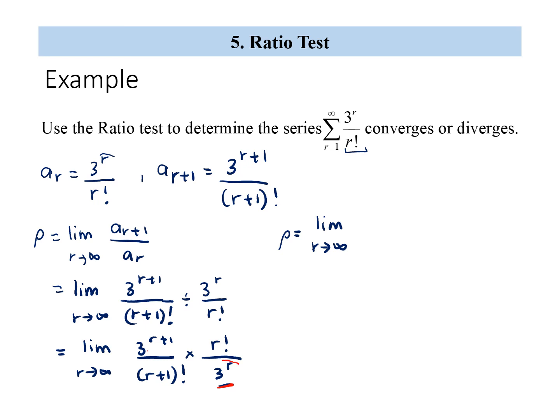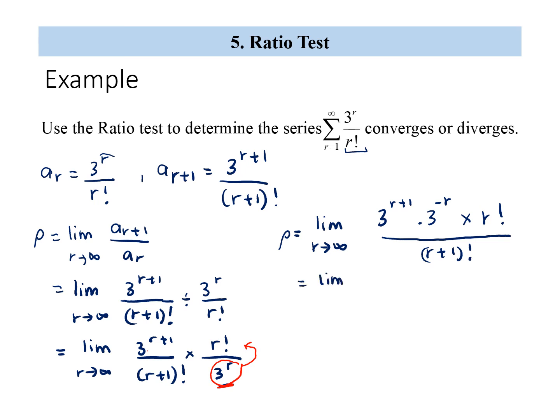We can bring our 3^r to the upper part, so this will become 3^(r+1) times 3^(-r) times r factorial divided by (r+1) factorial.